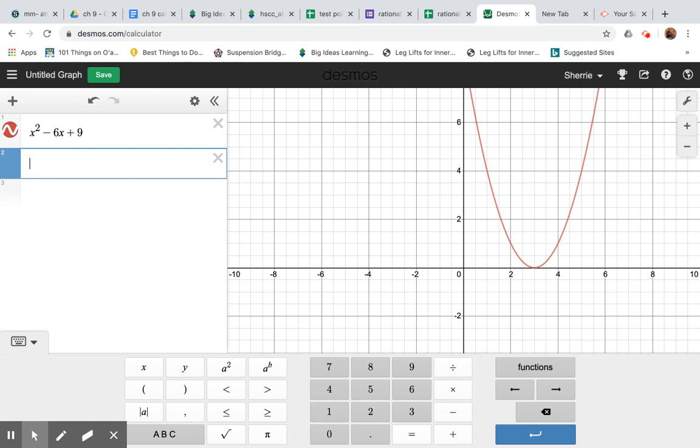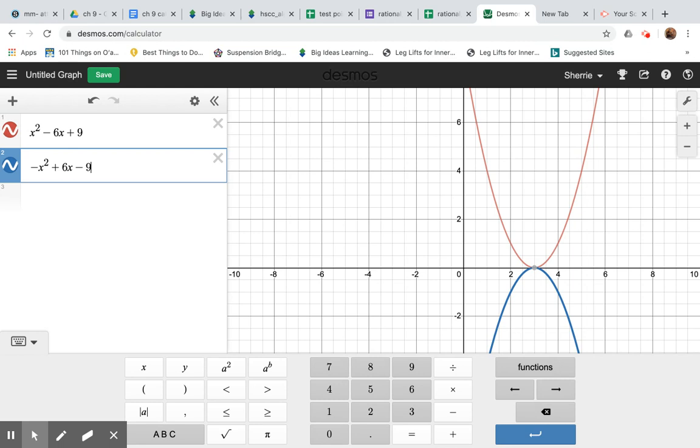If we had done it the other way, where we had negative x squared plus 6x minus 9, you can see that they both have the same exact solution. They both have 3, 0 as their answer. They look different, but the zeros are the same.